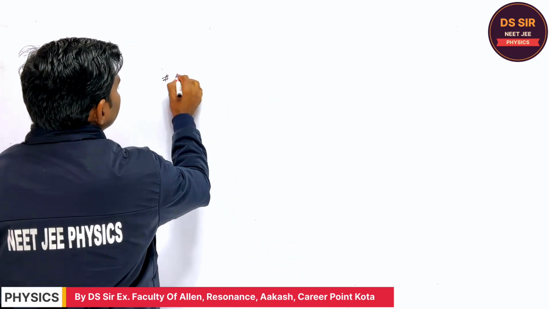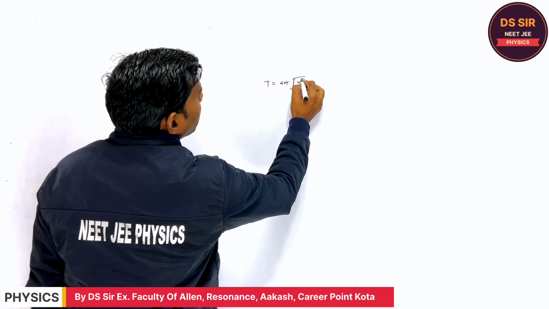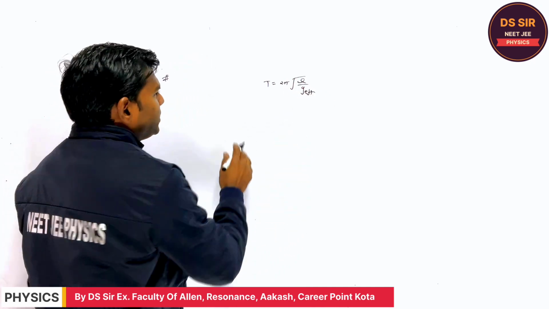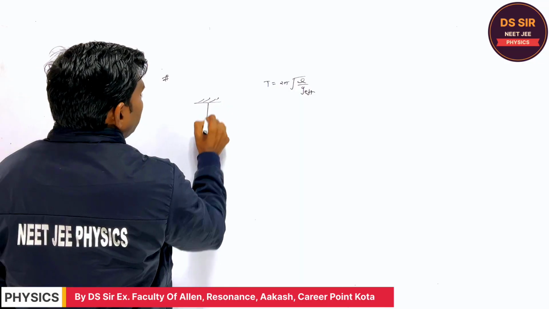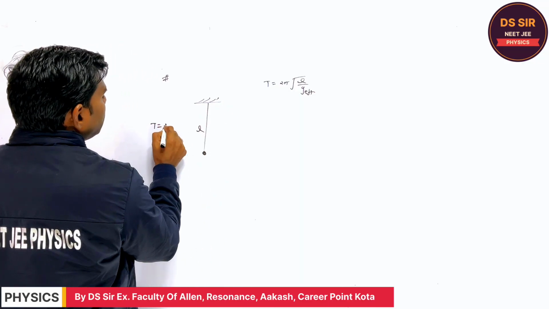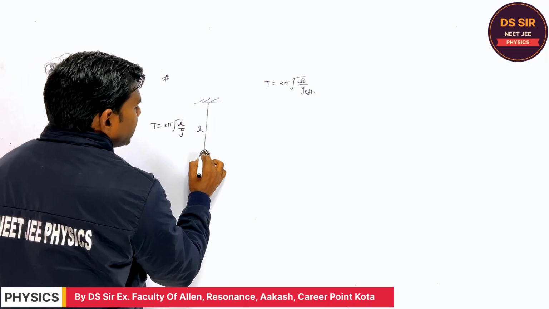So now we consider a very important illustration. As you know, the time period depends upon T equals 2 pi root L upon g effective. If the g effective is changed, then the time period will be changed. Suppose this is the simple pendulum of length L. So what will be its time period? T is equal to 2 pi root L upon g. Suppose this is the bob of mass m over here.